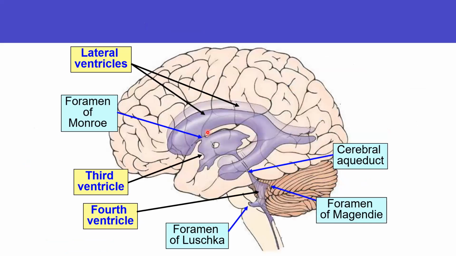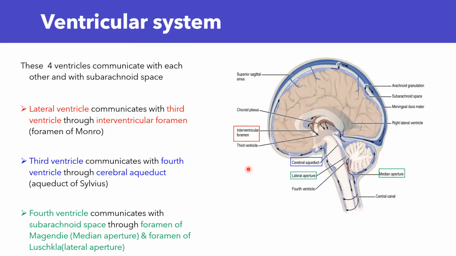This is the lateral ventricle, a very big one. We have 2 lateral ventricles, one in each cerebral hemisphere, right and left. It is connected to the third ventricle through the foramen of Monro, and the third ventricle is connected to the fourth ventricle through the cerebral aqueduct, the aqueduct of Sylvius.